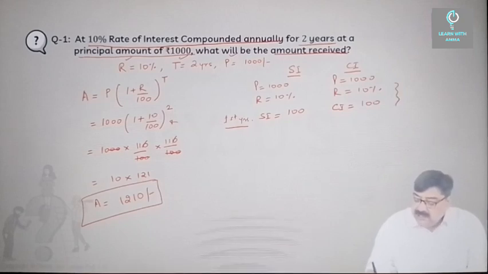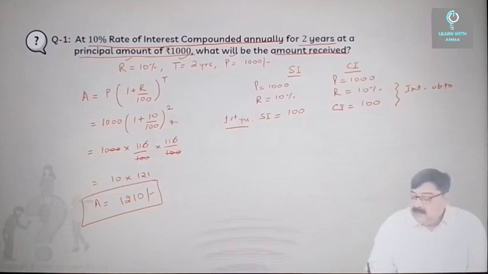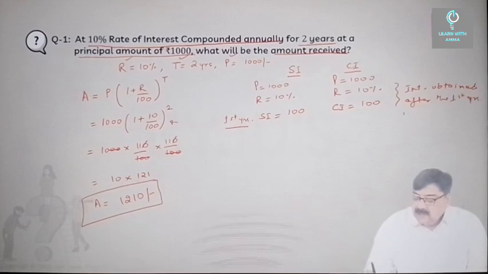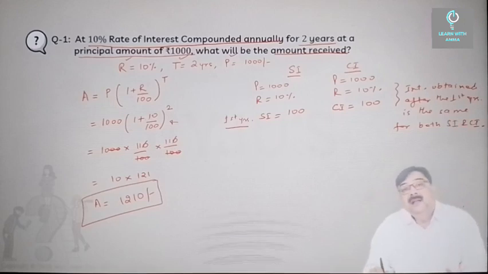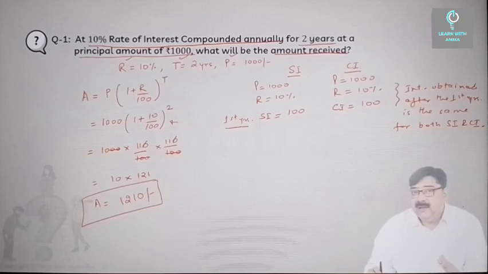So what I mean to say here is that the interest obtained after the first year is the same for both simple interest and compound interest, provided the rate of interest is same and the principal is same.